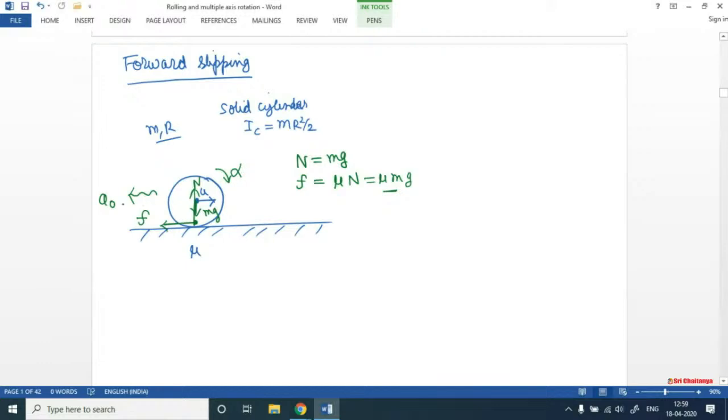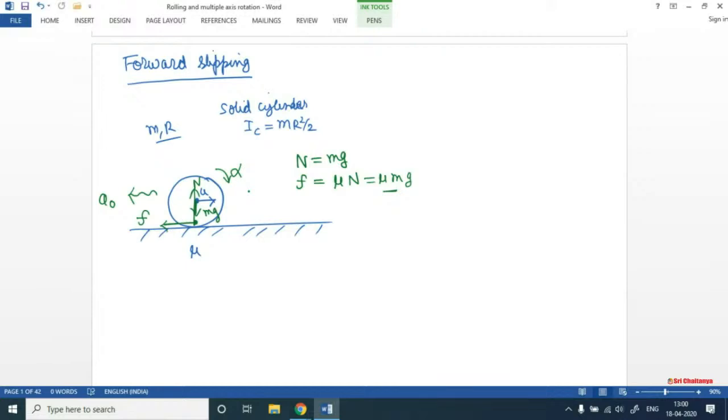The role of a naught would be to decrease the velocity, decrease the value of u, and the role of alpha would be to increase the value of omega, such that finally v is equal to r omega, which is nothing but the condition of pure rolling. So after some time, this solid cylinder will begin to have pure rolling as its motion.